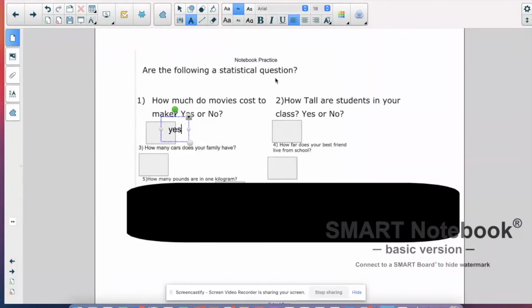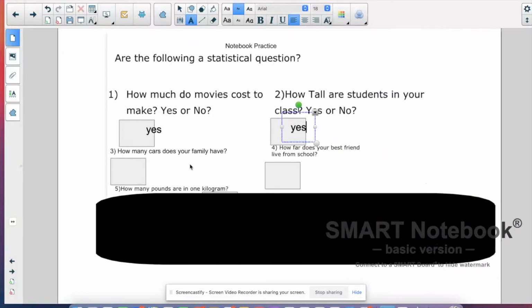Number 2, how tall are students in your class? Since we're trying to determine more than one student, there is more than one possibility, and people are different heights. So we would have to say, yes, this is a statistical question. Number 3, how many cars does your family have?